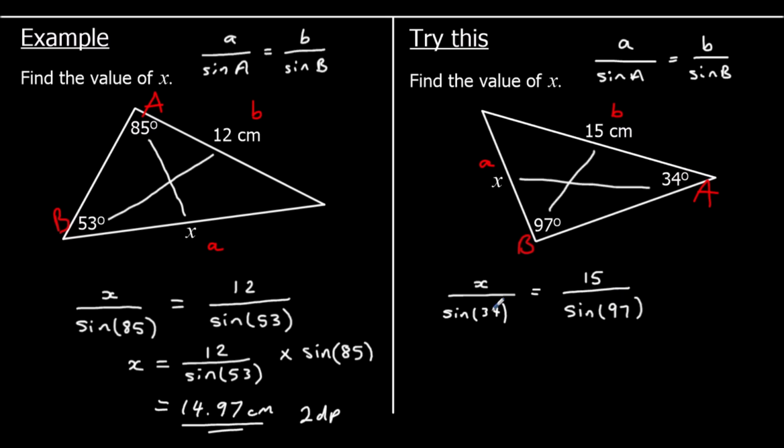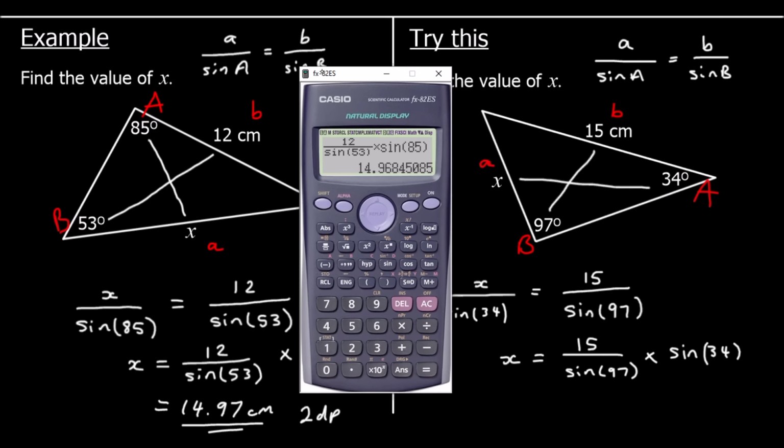To get x by itself, we're going to multiply both sides by sine 34. So x is 15 over sine 97 times sine 34. So we type into the calculator exactly how it looks.